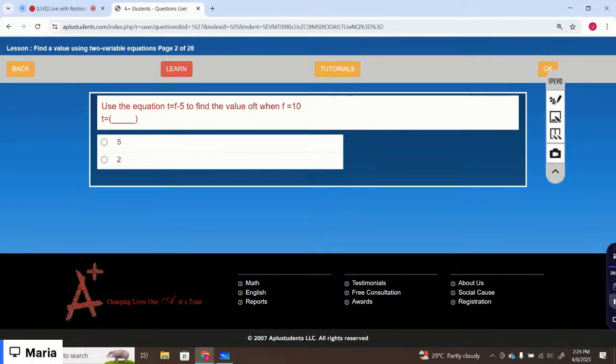So replace the variable f with a value 10. So 10 minus 5 is 5. Option number 1 is the correct option.